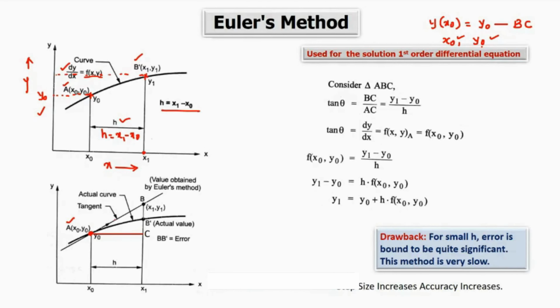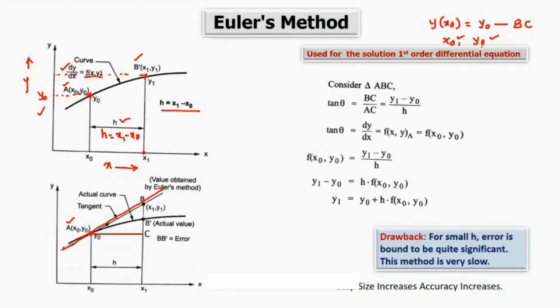Because it uses the tangent concept at point A, we draw a tangent line. Using this tangent line, we can derive the equation for computing the new y value, that is, the y1 value.